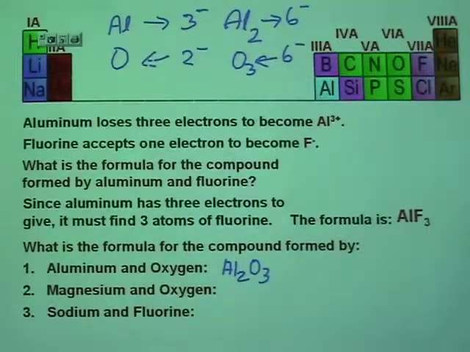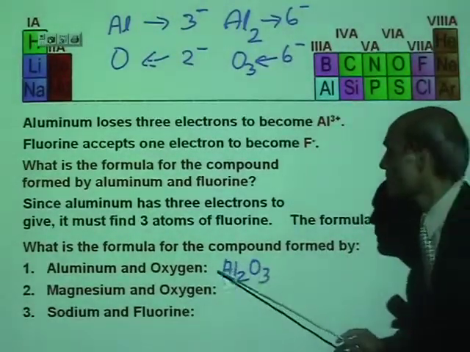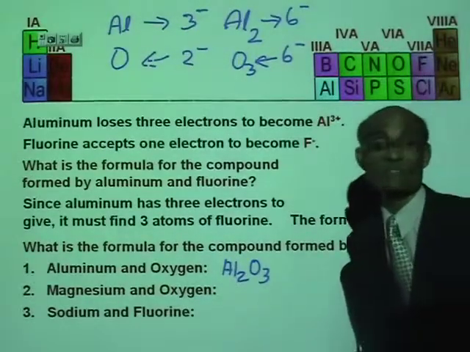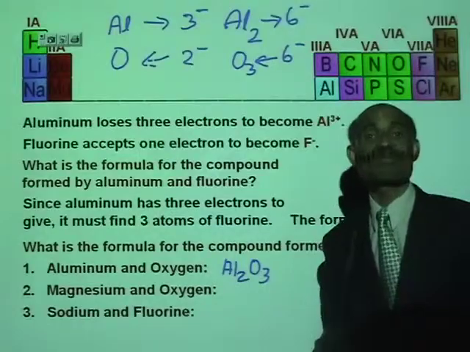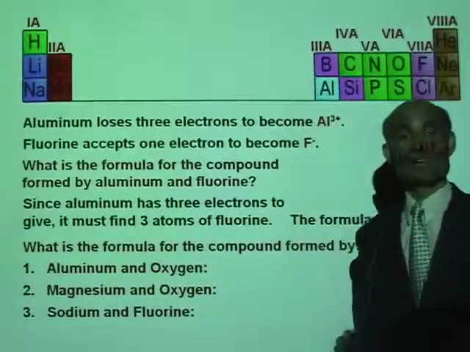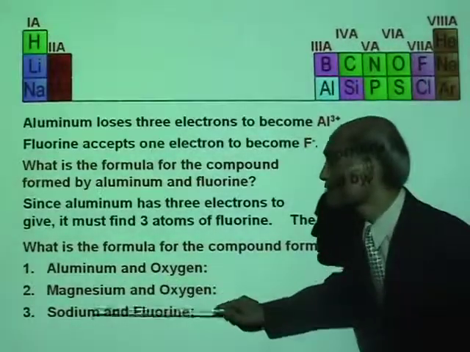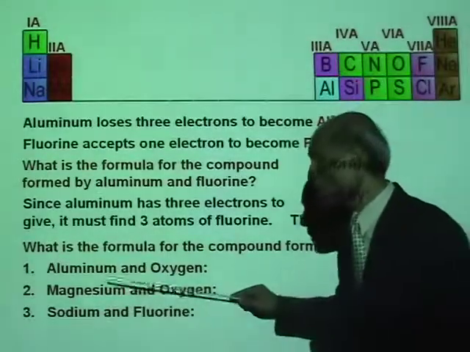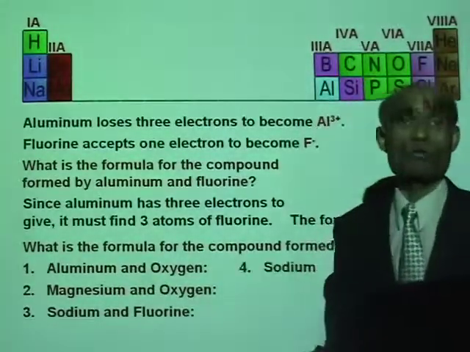2 atoms of aluminum join with 3 atoms of oxygen, giving you Al2O3, and that's the way we write the chemical formula for compounds. Okay, now do these 2, and those 2 are very simple actually. Alright, 2 extra credit points for those.